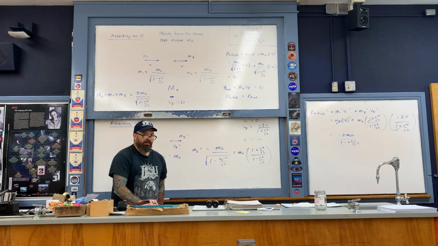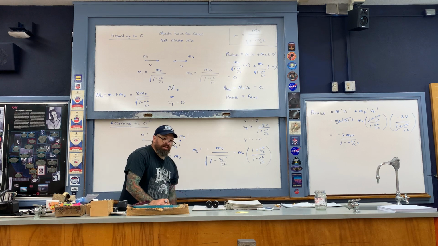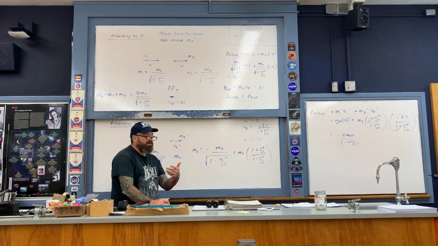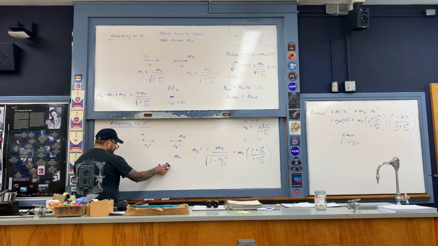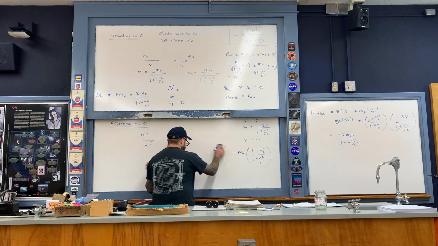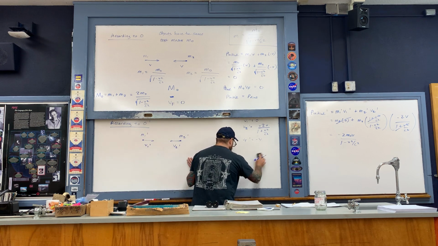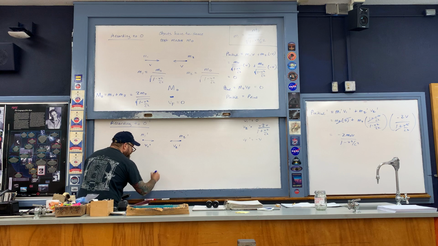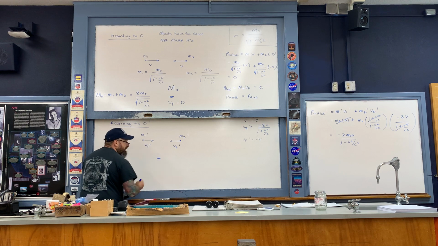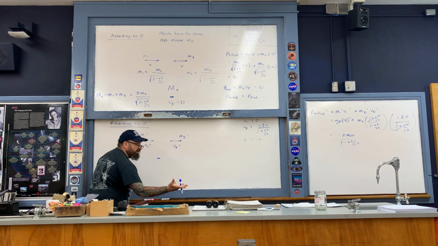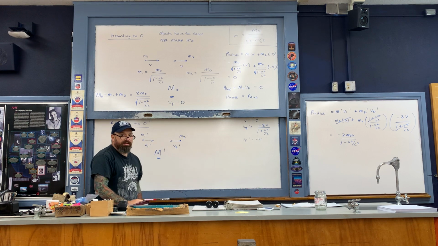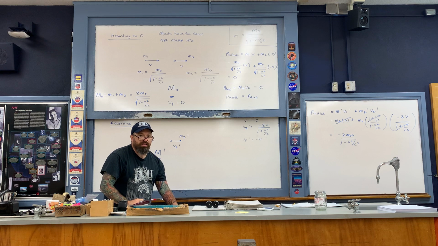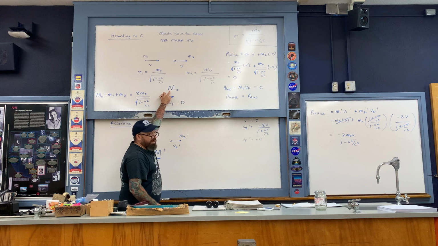Okay, and now the collision takes place. Let's find the final momentum of the system. Then the objects collide and stick together. Now think of this as a single object, which I'm going to refer to as capital M prime. This is a relativistic mass that I'll calculate based upon its rest mass, capital M naught.